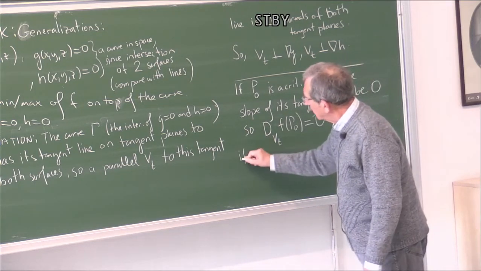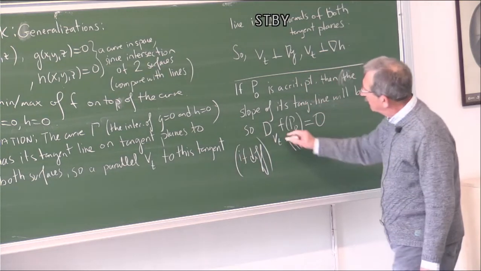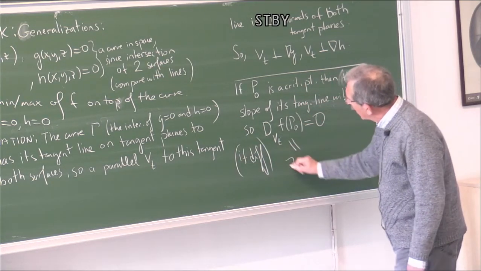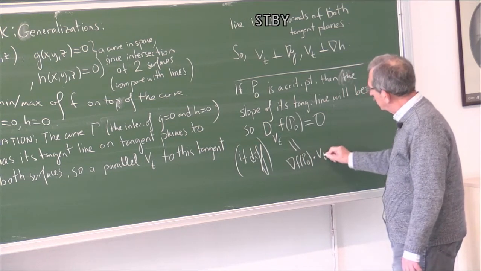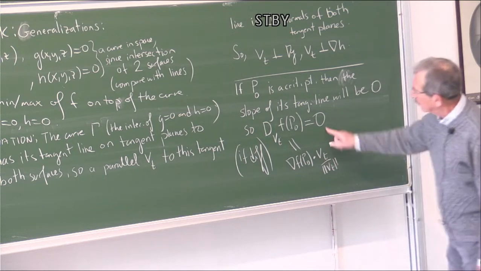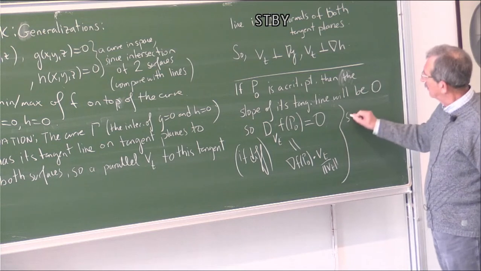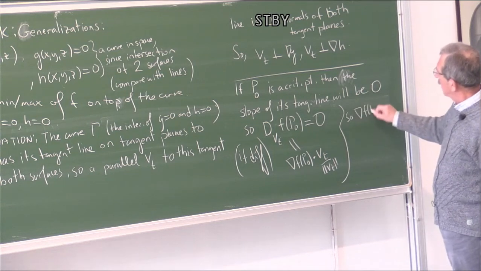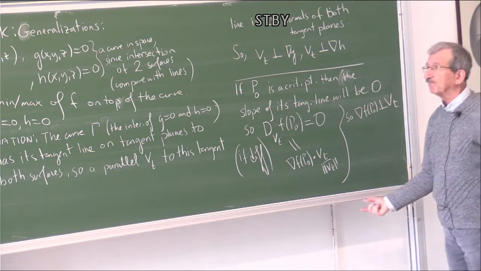So again, if differentiable, this will mean that gradient f at P0 dot Vt equals 0. Well, this says gradient f at P0 is perpendicular to Vt as well.